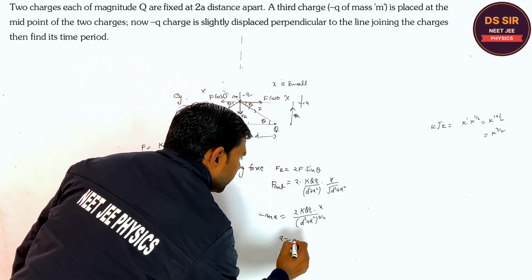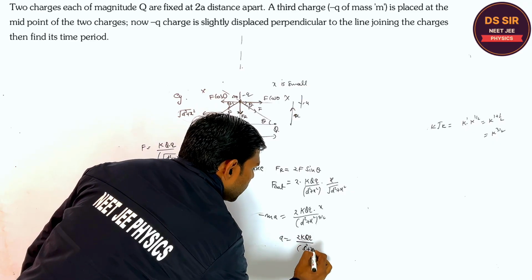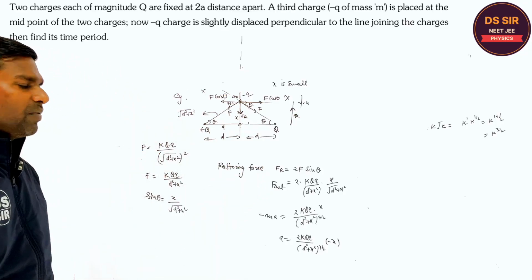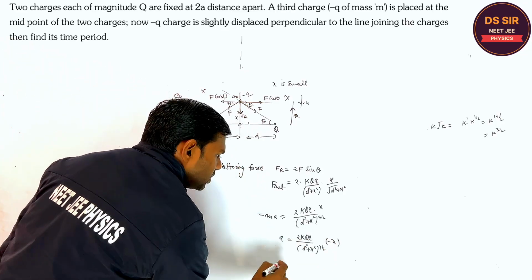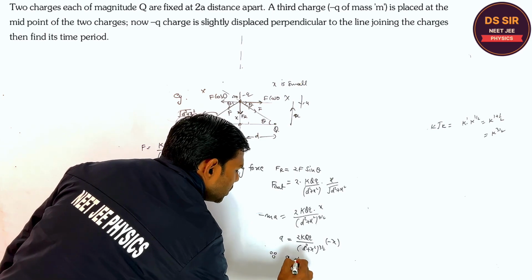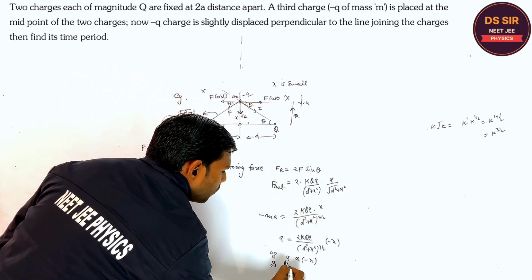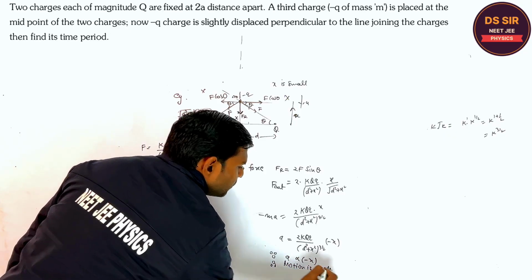So the acceleration may be written as 2kq upon d square plus x square raised to the 3 by 2 into minus x. Fine. Yes. This is the acceleration, this is the minus displacement. Seen, acceleration is proportional to minus x. Therefore, motion is SHM. Please copy this.